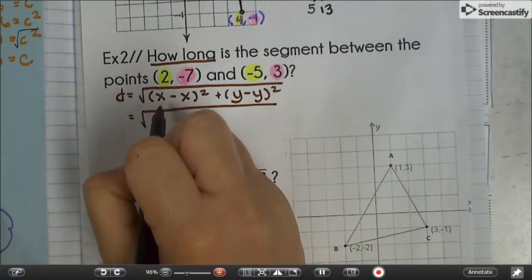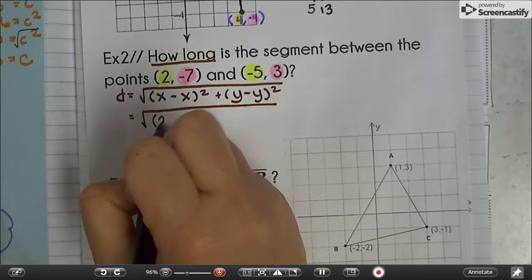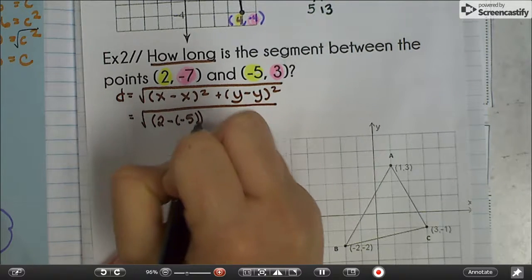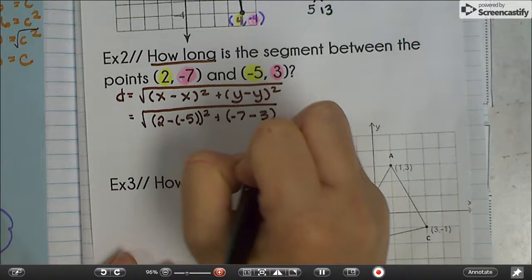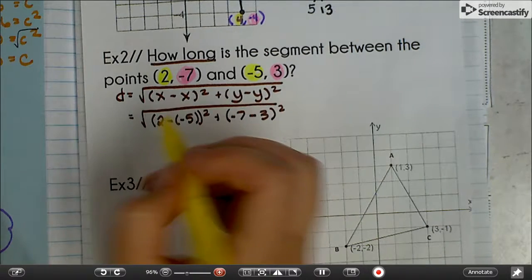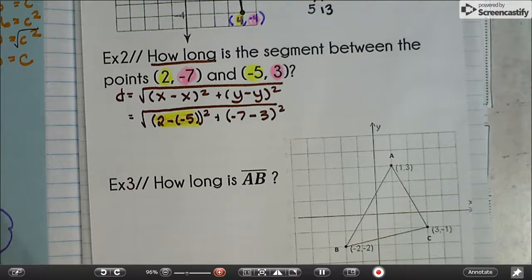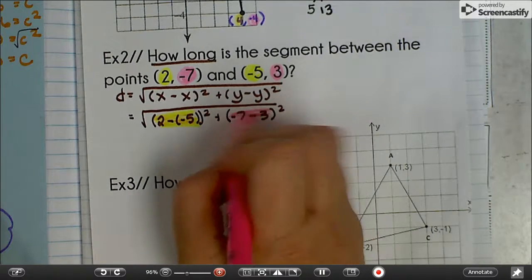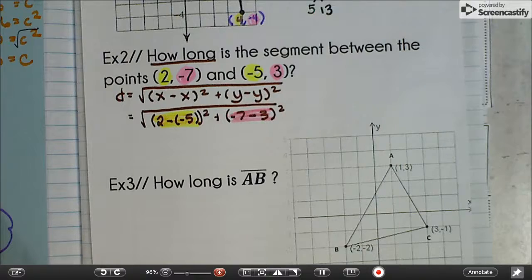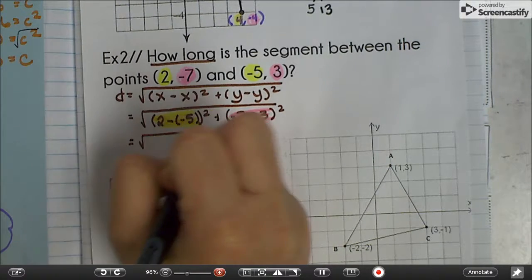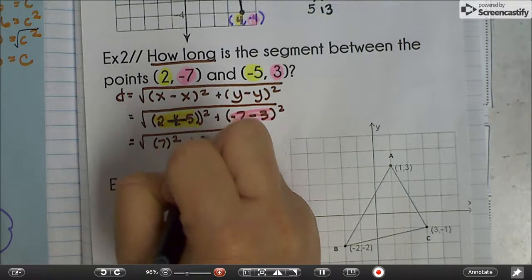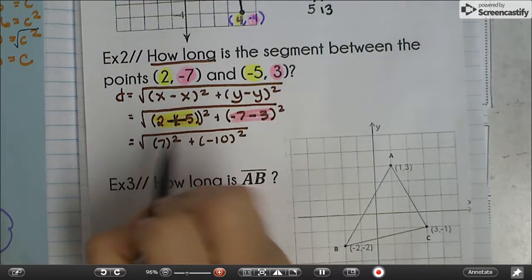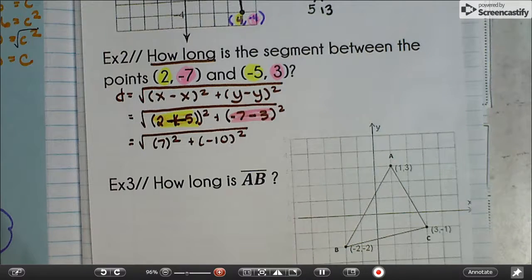So the square root of, let's see, 2 minus negative 5 and negative 7 minus 3 for the y's. This becomes plus, so 7 squared plus negative 10 squared. These parentheses matter. Leave them on until you're done squaring because it will affect the value.